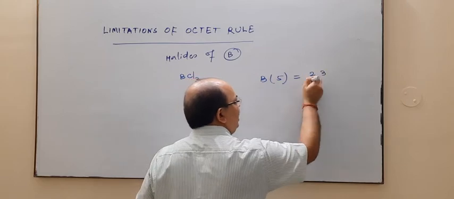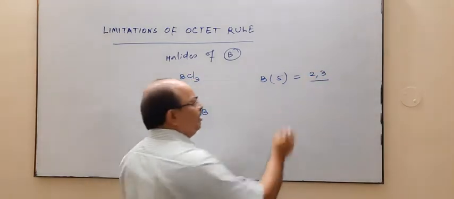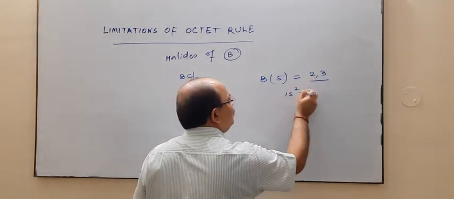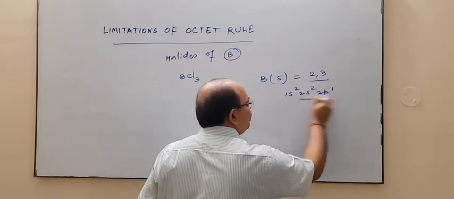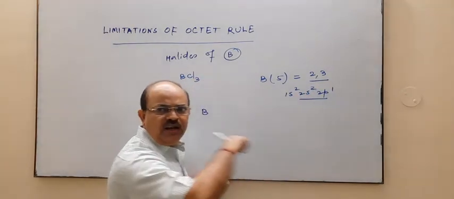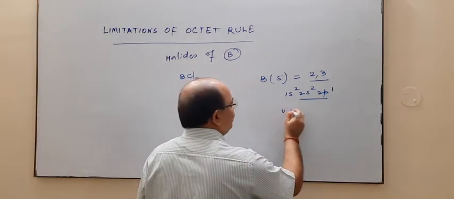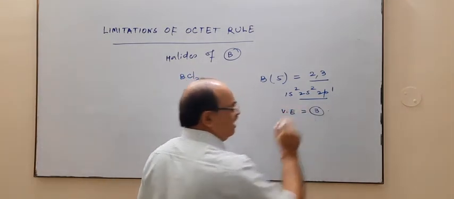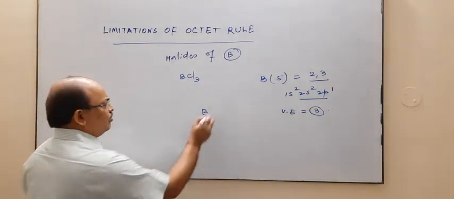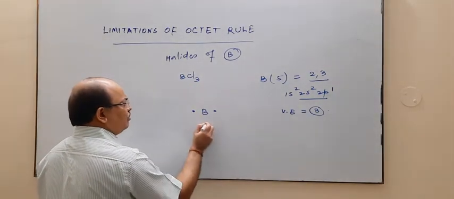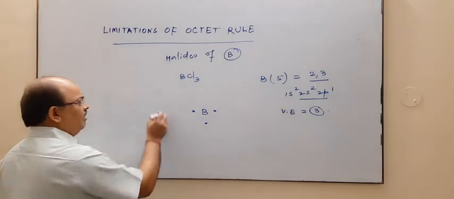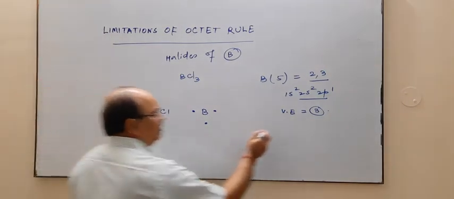5 मतलब हो गया आपको 2 3, means it is 1s2 2s2 2p1. So boron has valence electron equal to 3. Boron का valence electron 3 हो गया. So this is 1, this is 2, this is 3. Now this is chlorine.